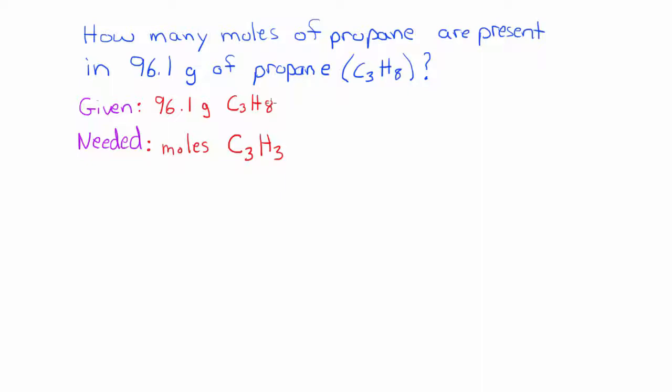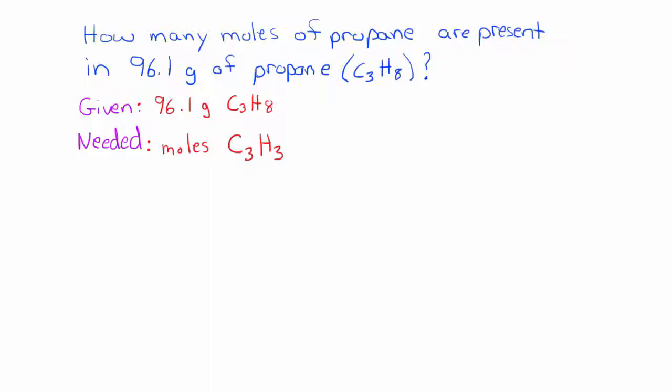Now, is there enough information in this question right now? The answer is no. We can't just randomly convert from grams to moles. We actually need to know how many grams 1 mole of propane equals.